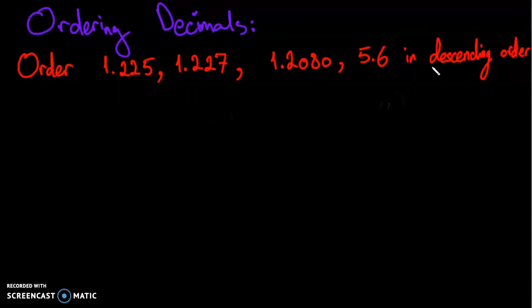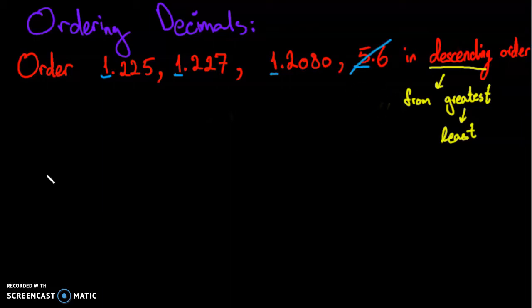So let's try to order these decimals in descending order. We said that descending order is from greatest to least. So we need to find the biggest number. We start from the first number, 1, 1, 1, 5. 5 is the biggest number.